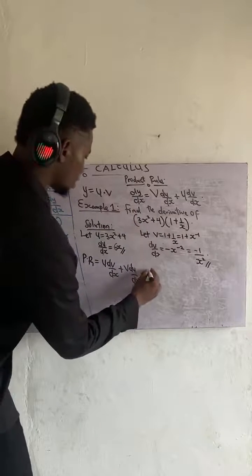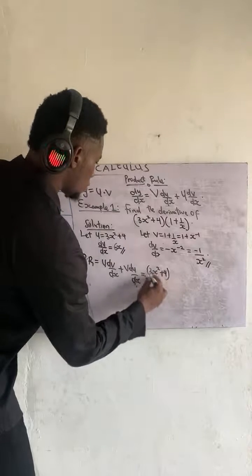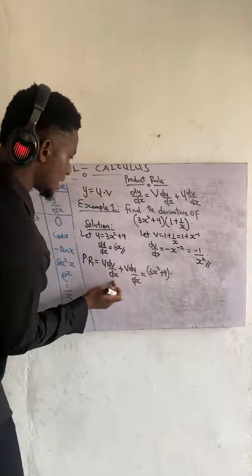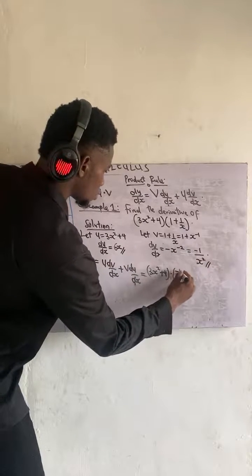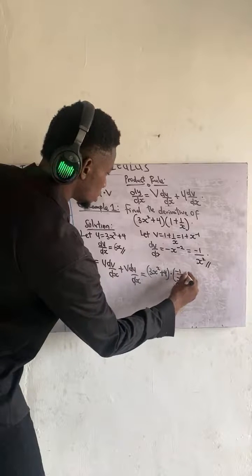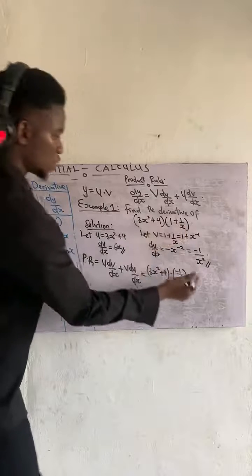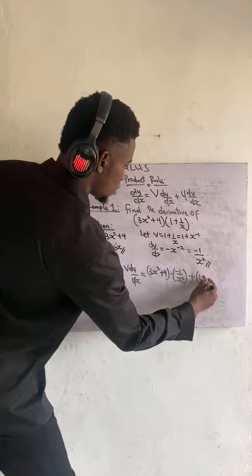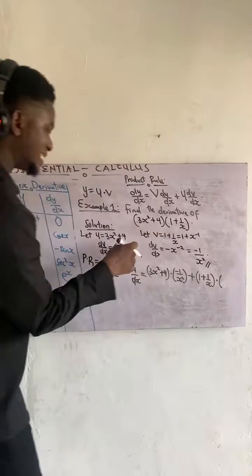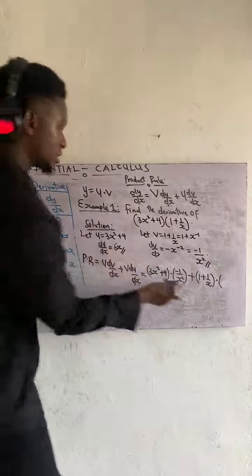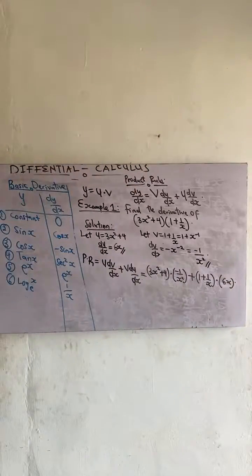So that is 3x squared plus 4 multiplied by dv dx. My dv dx is minus 1 over x squared. Plus v. V is the next function that comes, that is 1 plus 1 over x, multiplied by du dx. My du dx is what? 6x. That's it, guys. Are you there?